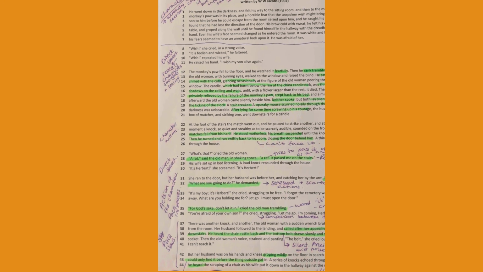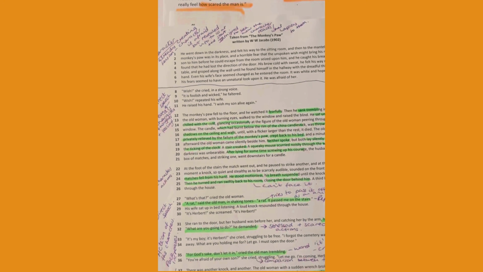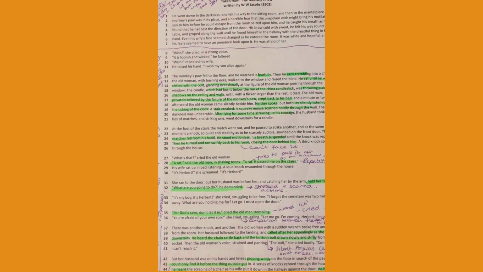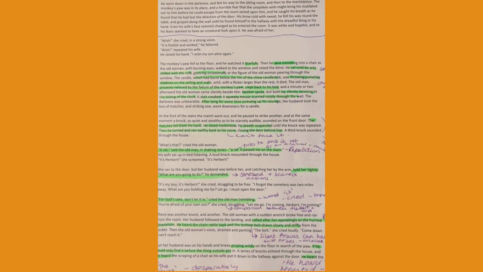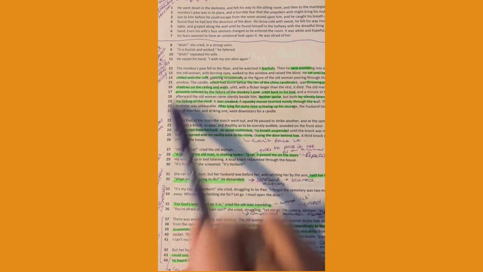So we had to find things that showed, if you remember the question, the building tension and how scared the man was. So much like question 2 and 3, we needed to find anything at all that showed that. Now this is a great text because there's actually quite a lot of things to pick from. We looked at things like the setting, and the direct speech which revealed their thoughts and feelings.